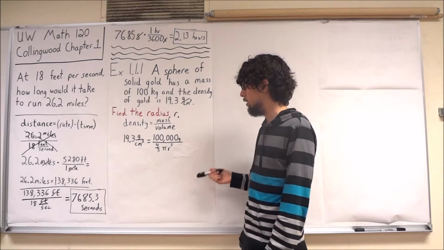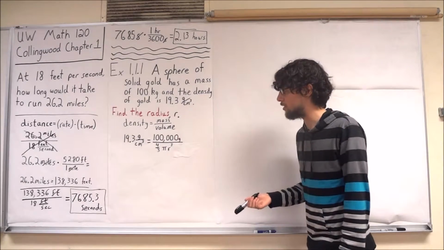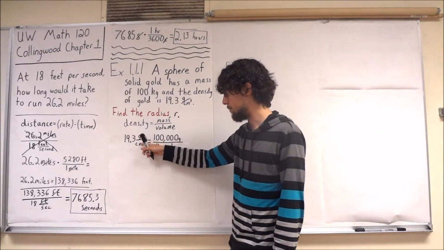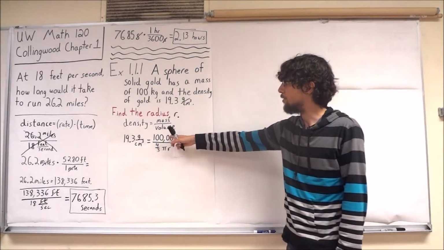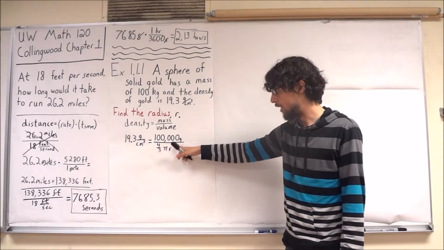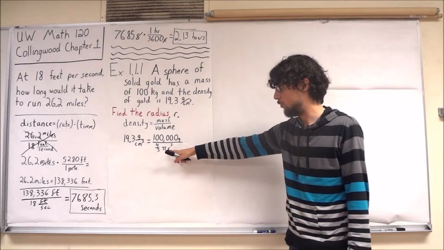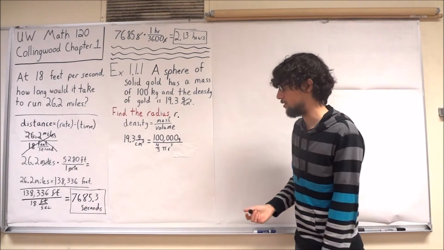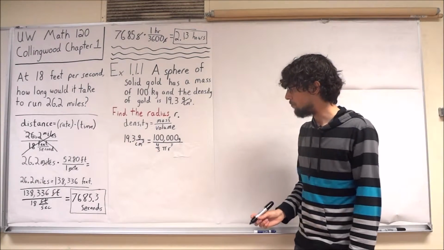So I've included the units on each of these numbers. The 19.3 is grams per centimeter cubed. This 100,000 is grams. And I've left off the units on r. Eventually, what we'll find is that r will be expressed in terms of centimeters.